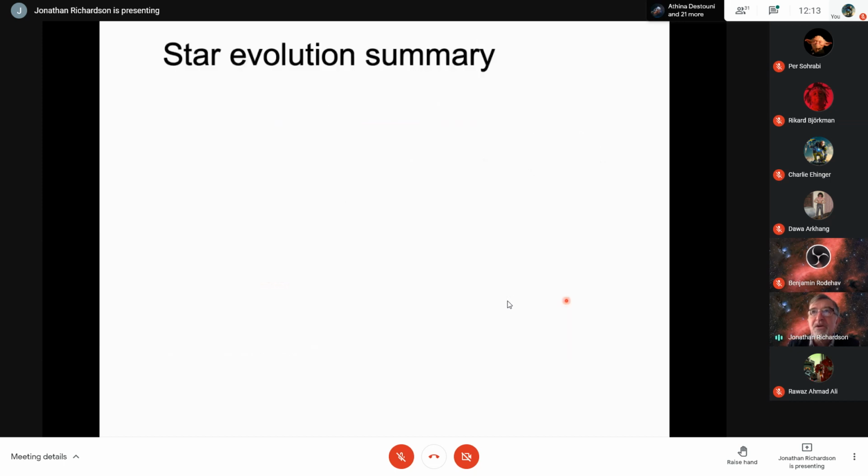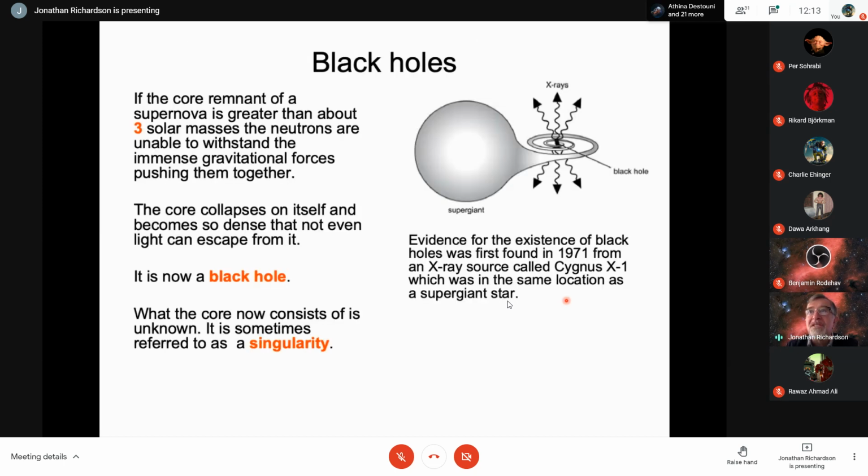And this showed us that the first star identified as a black hole was not seen as a black hole, but was seen as X-rays being emitted from something, that thing being the black hole.